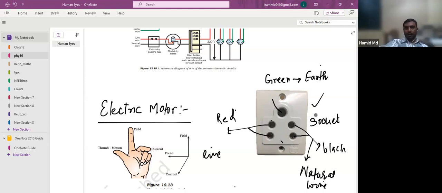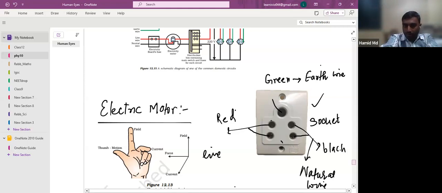And this green is the earth wire. Clear? So these are the three input wires. We take the input from them.